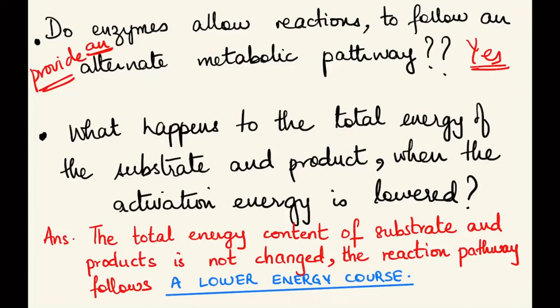Yes, miss, I've gone through it. Okay, so what do you understand by this? So, miss, it basically explains that the alternate metabolic pathways lower the activation energy. And the energy content of the substrate is not hindered at all.